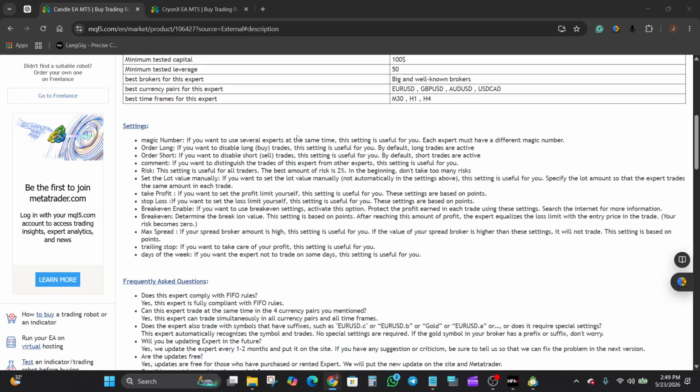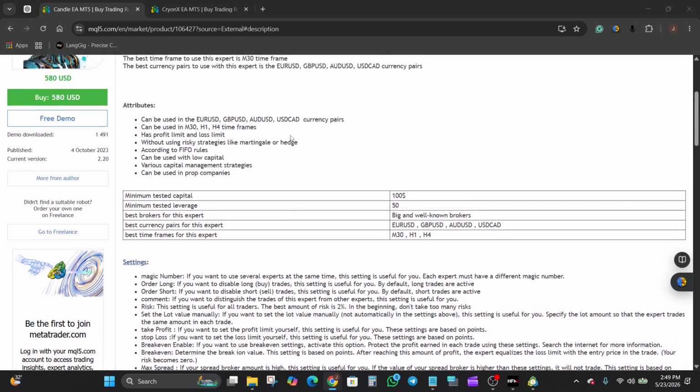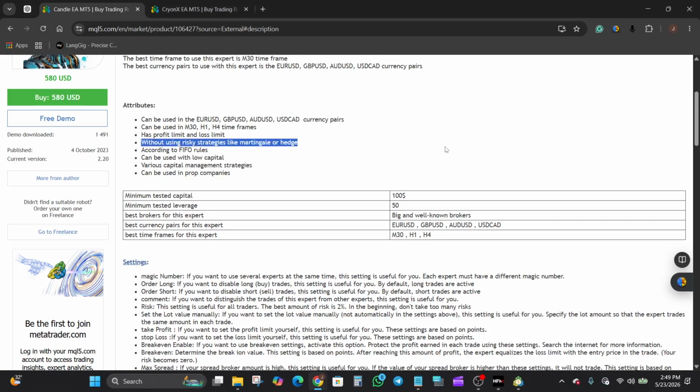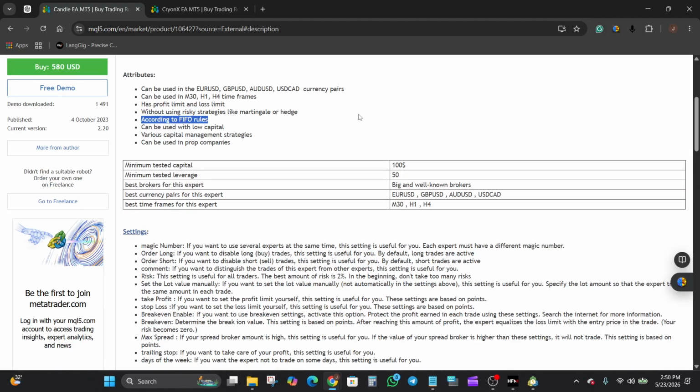The EA is also described as avoiding risky approaches like martingale or hedging, so it is built to comply with FIFO rules. That's important for traders who operate under strict broker or regulatory conditions.